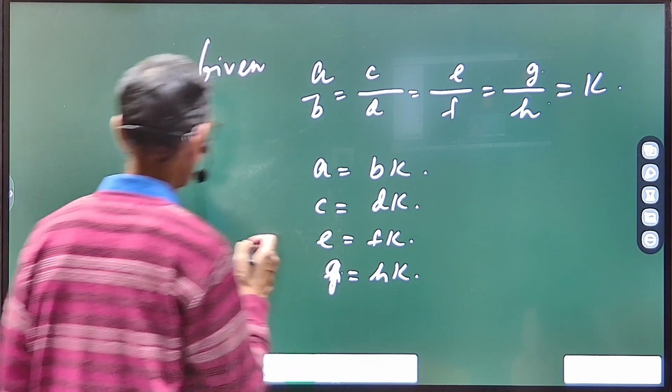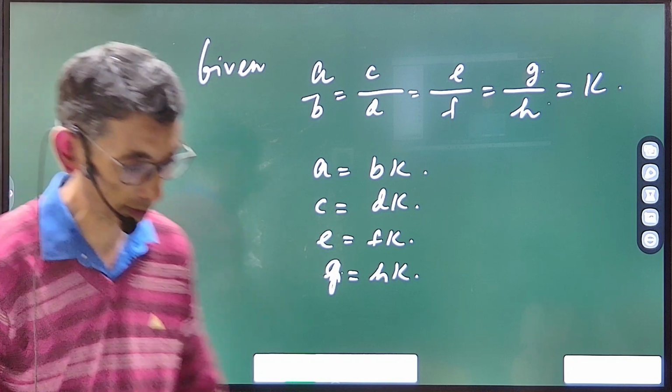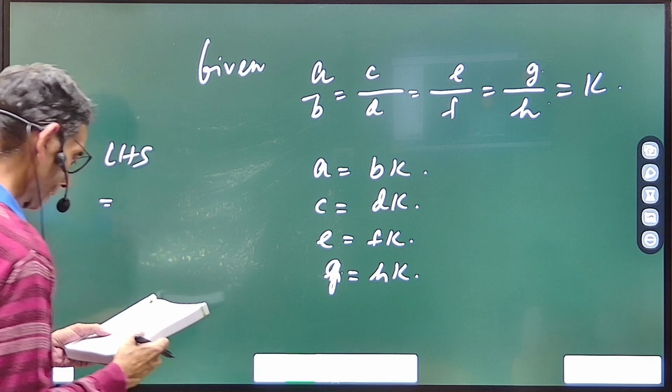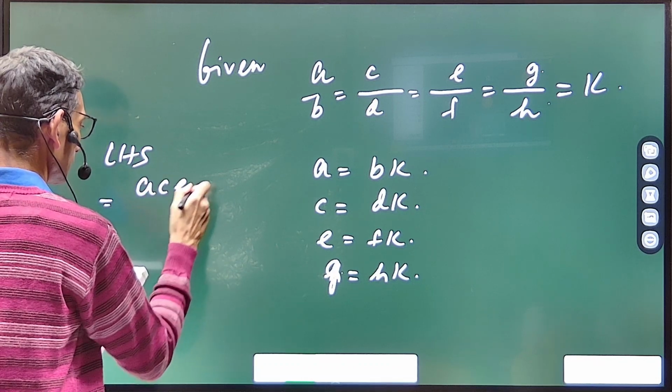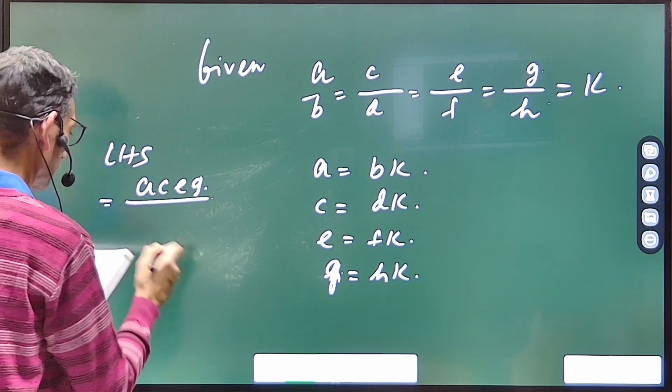Now the left hand side. What is given on the left hand side? See the ratio. On the left hand side, a, c, e, g is given. The denominator is given as b, d, f, h.